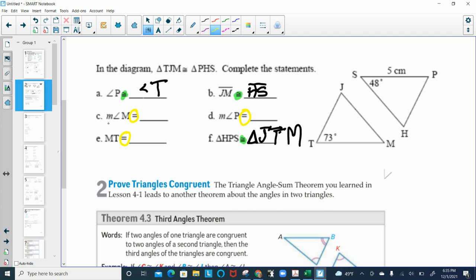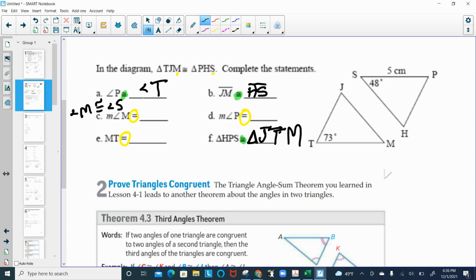So let's take a look at the measure of angle M. We don't know what angle M is. However, we know that M is congruent to S. So you don't have to write that down, but you need to be able to find that information from the congruent statement.